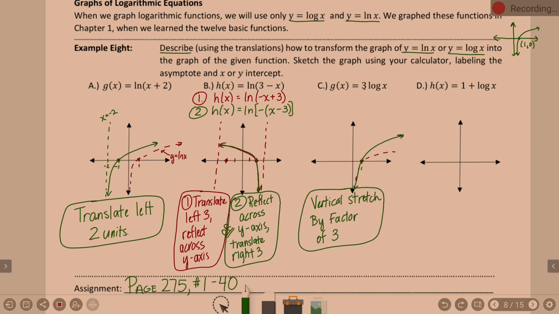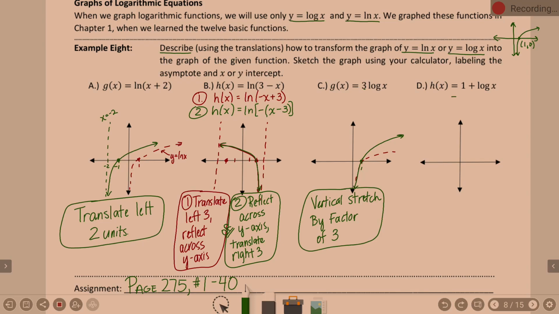And one more. D. What do you see going on with D? It's just a go up one.